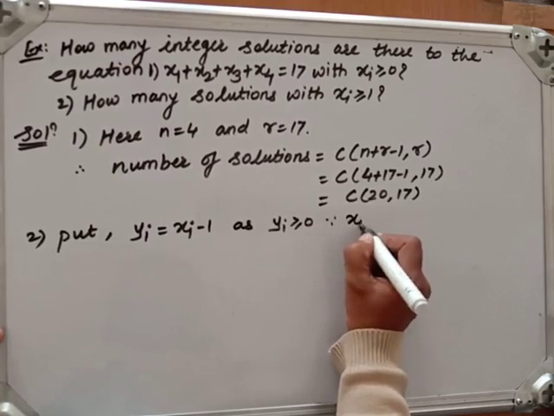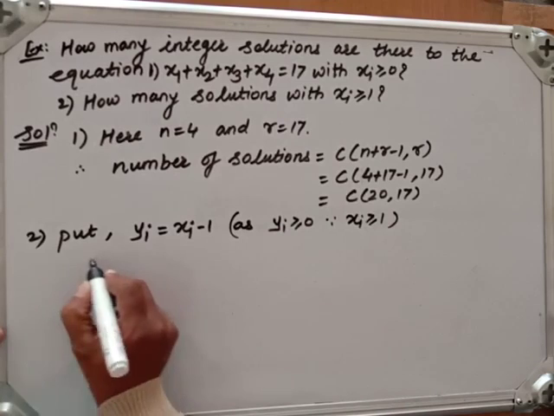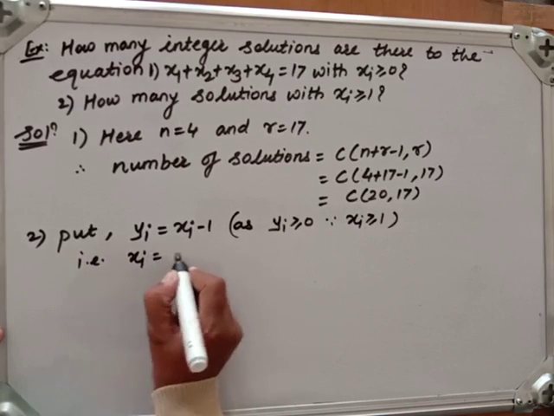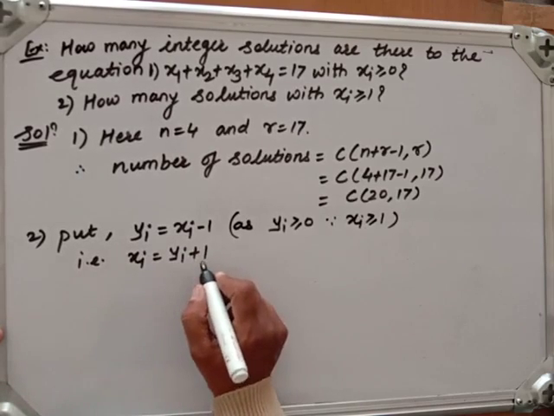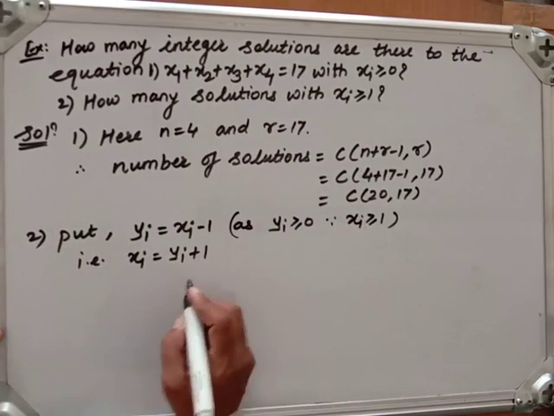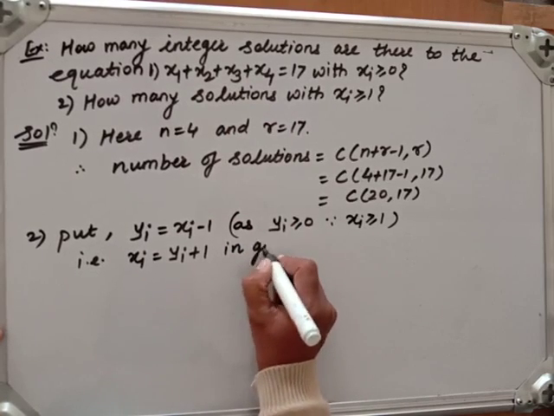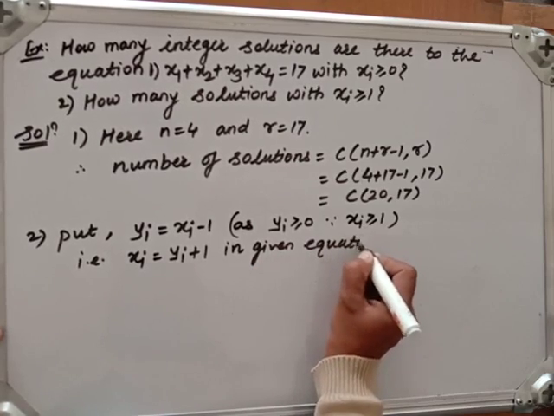Since xi is greater than or equal to 1, that is the same as to say xi is equal to yi plus 1. So we will put this in the given equation.